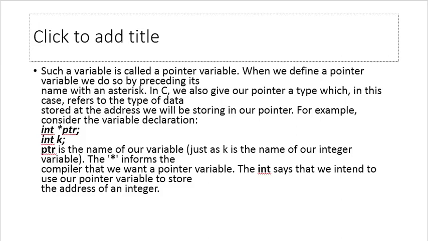And then we are declaring another variable which is k. ptr is the name of our variable, just as k is the name of our integer variable. The asterisk informs the compiler that we want a pointer variable. The int says that we intend to use our pointer variable to store the address of an integer.